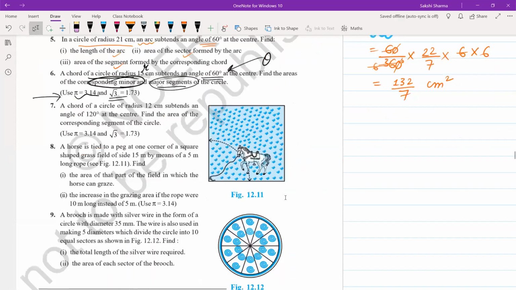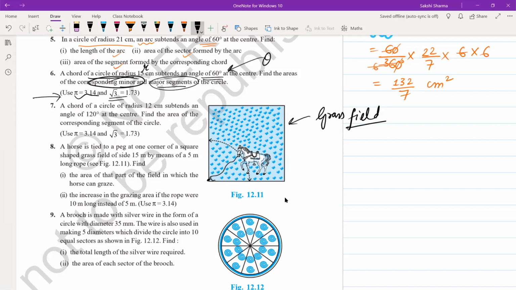Question number 8, if you have taken a look at the sample question paper, usme bhi isse related there is a problem. A horse is tied to a peg at one corner of a square shaped grass field. So there is this grass field which is square in shape. This is the peg, the wooden stake that's used to tie the rope.